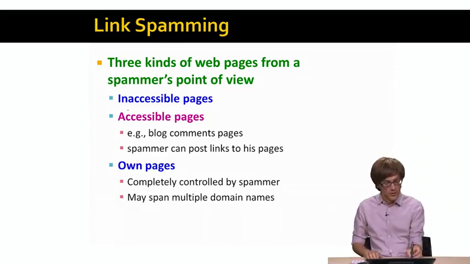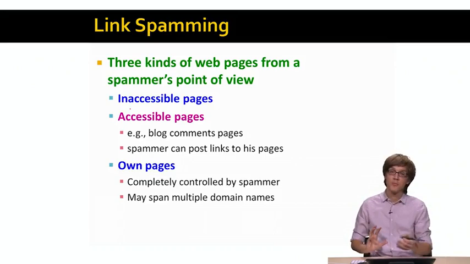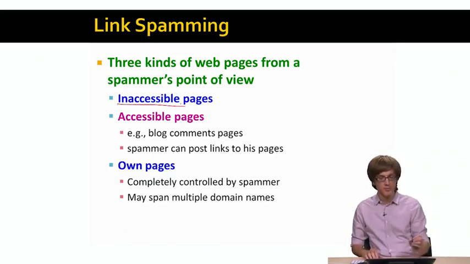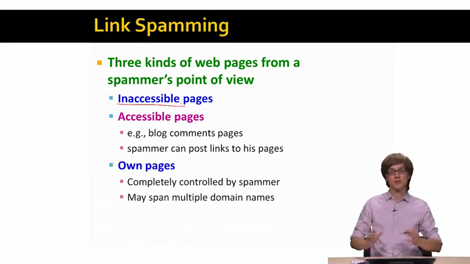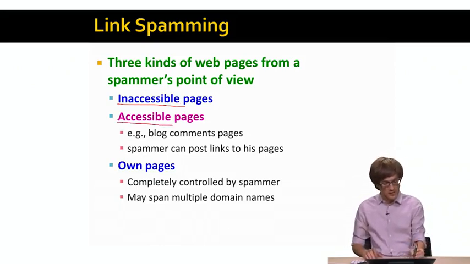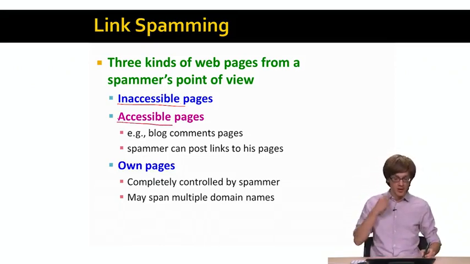We can call them these classes based on the spammer's viewpoint. So for example, inaccessible web pages are pages that the spammer cannot touch. So these are pages on the rest of the web that the spammer cannot touch. Then we have the notion of accessible pages. These are pages that the spammer can touch.